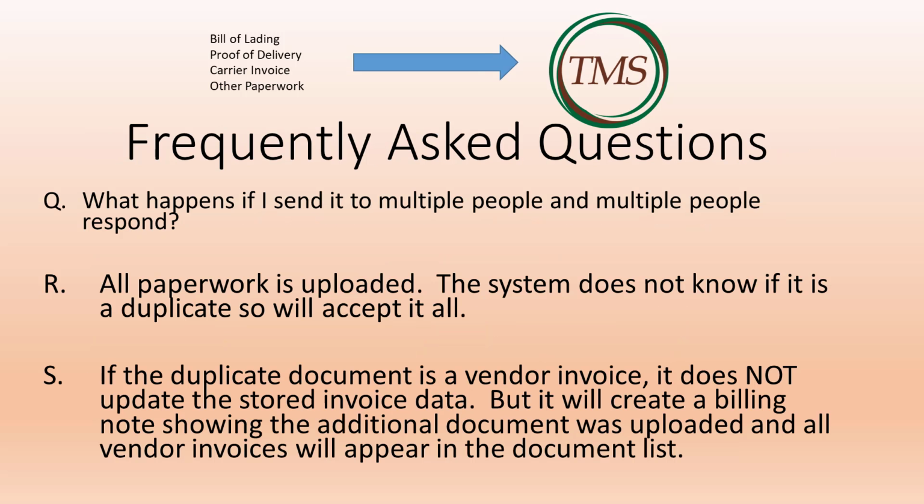Here are some frequently asked questions. What happens if I send it to multiple people and multiple people respond? Well, all the paperwork is going to be uploaded. The system does not know if it's a duplicate, so we will accept it all. If the duplicate document is a vendor invoice, it does not update the stored invoice data, but it will create a billing note showing that additional document was uploaded, and all vendor invoices will appear in the document list, so nothing will be lost.